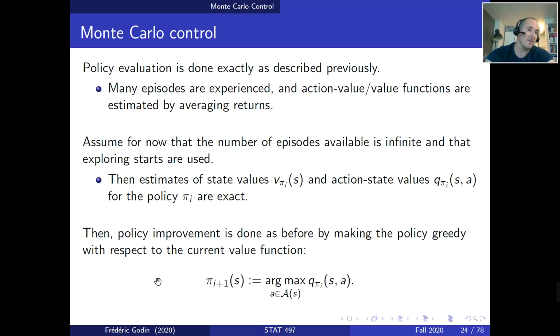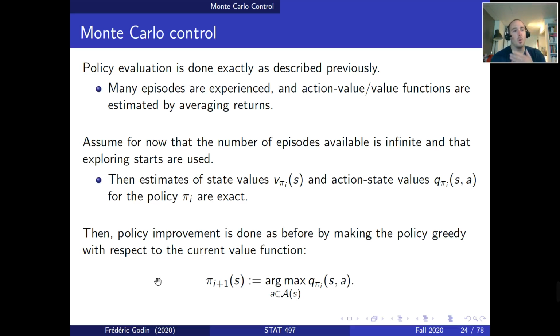This gives an estimate for the action value function of a given state action pair SA, and we do that for all state action pairs SA. So when we have a given policy pi I, we already know how to estimate its value function.